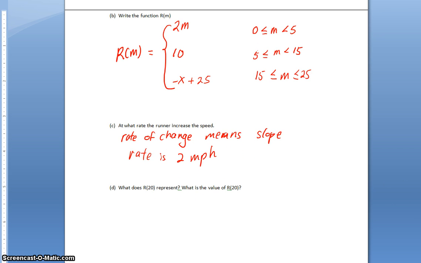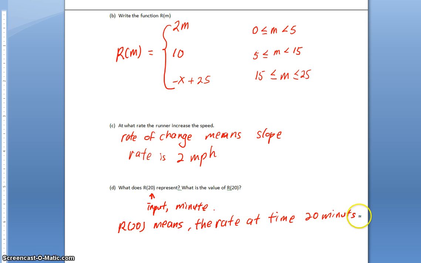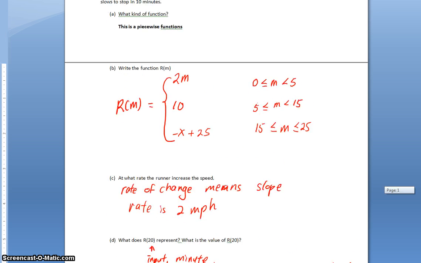What does R(20) mean? The 20 is your input, meaning your minute in this case. R(20) means the rate at time 20 minutes. So you can read it from the graph.